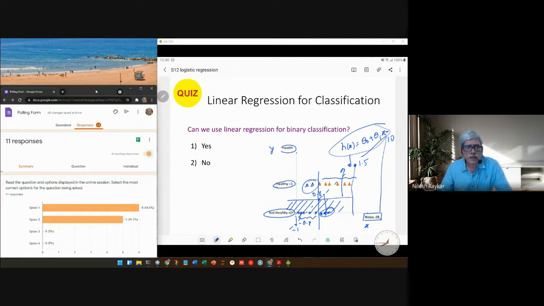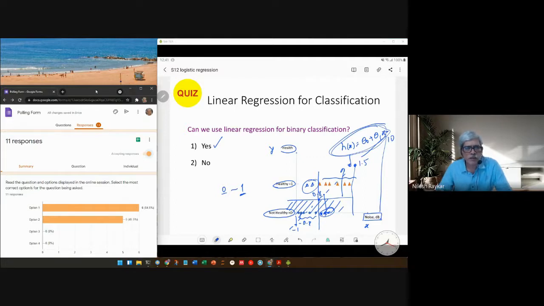So in general, the answer is that we can use it, but with a pinch of salt, or rather a lot of salt. It is not a very elegant way of handling the classification problem, and hence we need a hypothesis function which takes values between 0 and 1. Here we are talking only about binary classification.